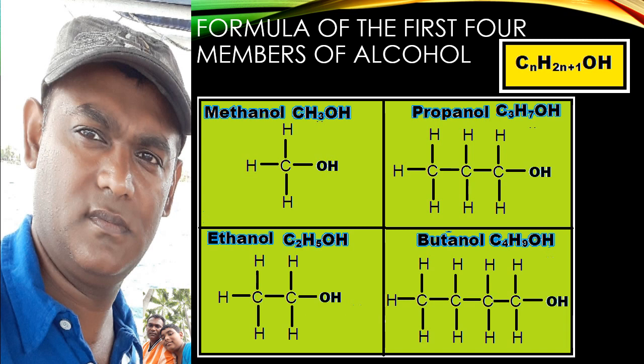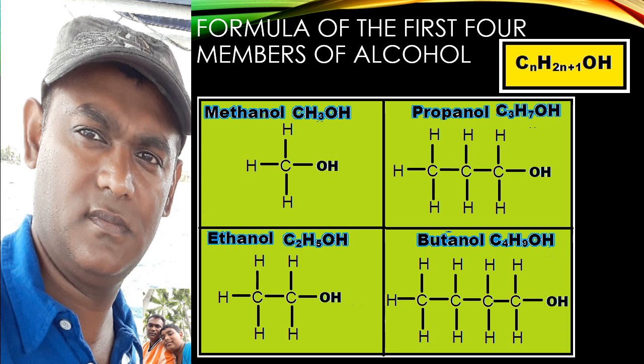When the value of n is substituted by 2, the formula of ethanol is obtained. The formula of ethanol is C2H5OH. Its structure contains 2 carbon atoms bonded with 1 bond.